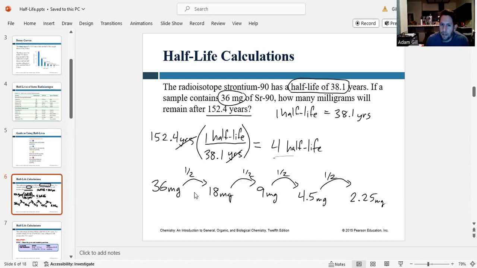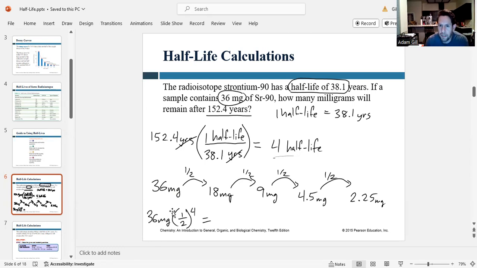Okay. Now, instead of writing all this out, you could actually simplify it mathematically. So if we're cutting the amount in half 4 times, that's the same thing as saying 36 milligrams times 1/2 raised to the 4th power.